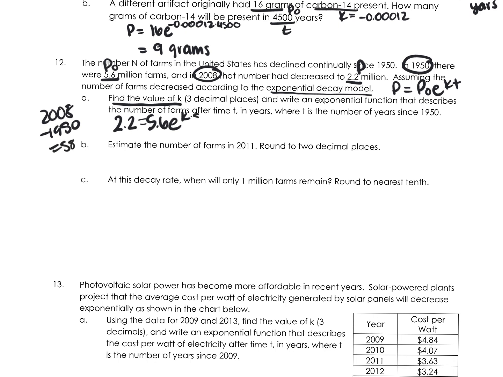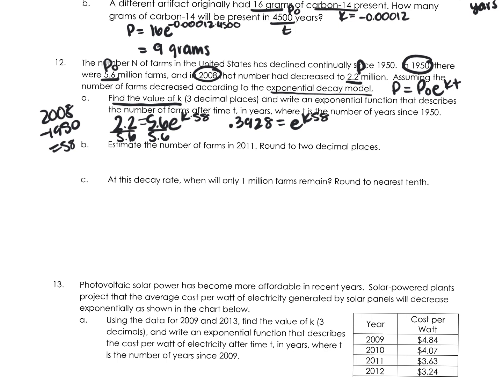So T is 58. So then we'll solve. We'll divide by 5.6. We'll get 0.3928 is equal to e to the k times 58.